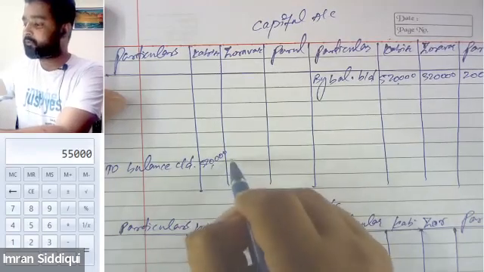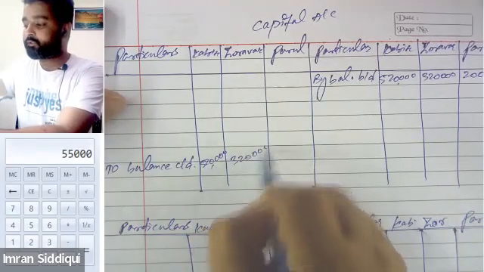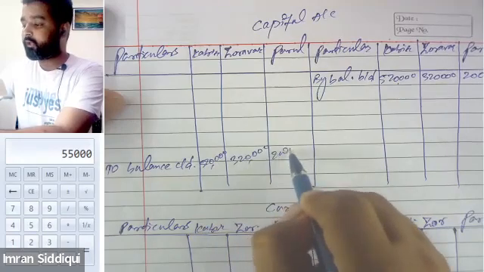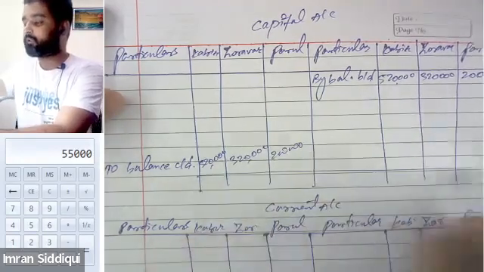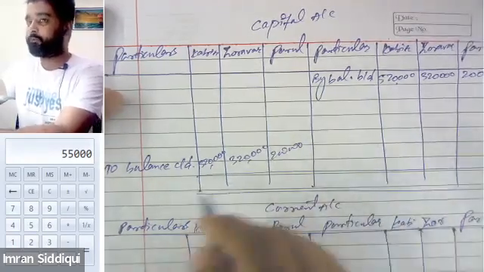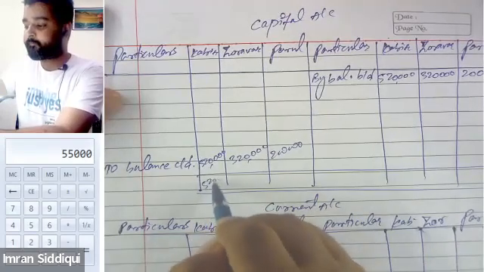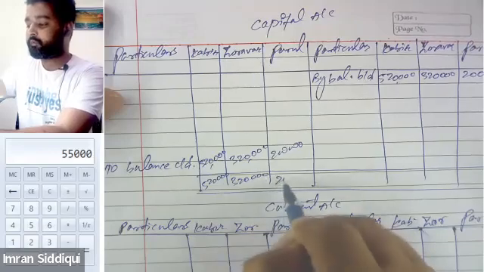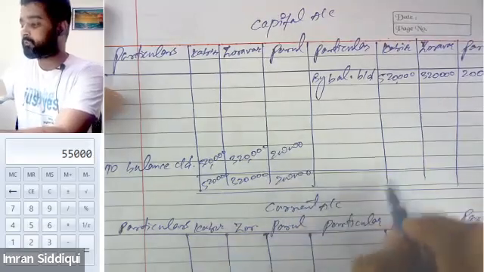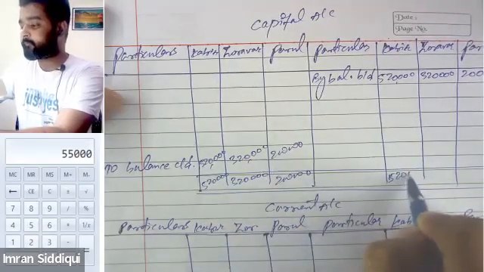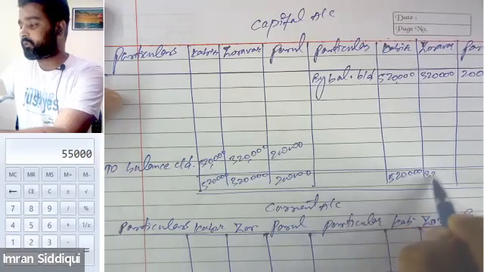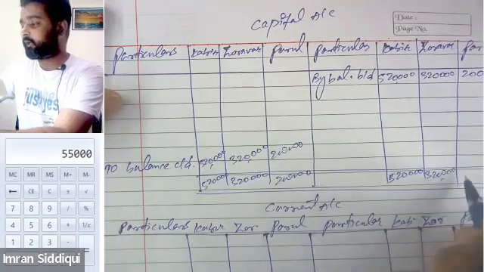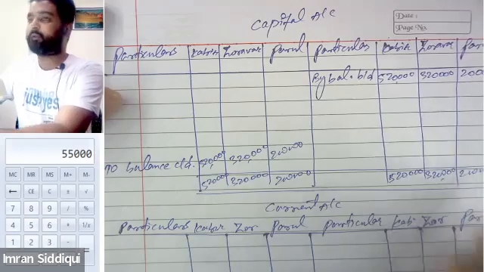5,20,000, 3,20,000, and 2 lakh. Now we will close this account. 5,20,000, 3,20,000, and 2 lakhs, and similarly 5,20,000, 3,20,000, and 2 lakhs.